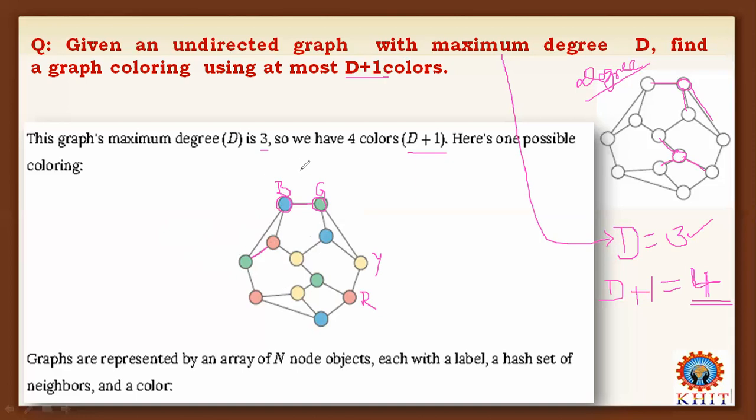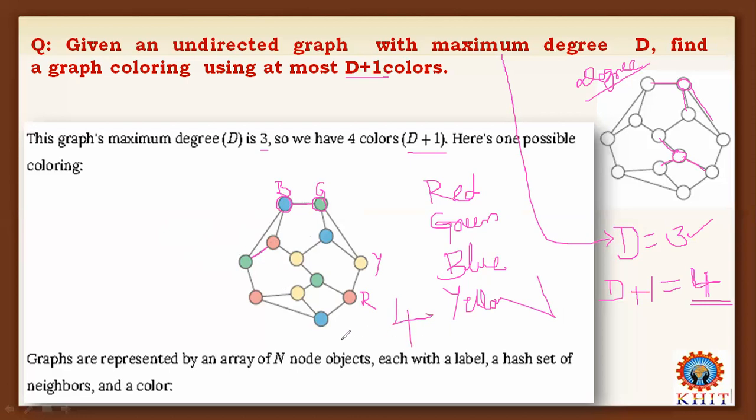So the given graph is to be colored with 4 colors, namely red color, green color, blue color, and yellow color. So the minimum number of colors required for coloring the given graph is 4.